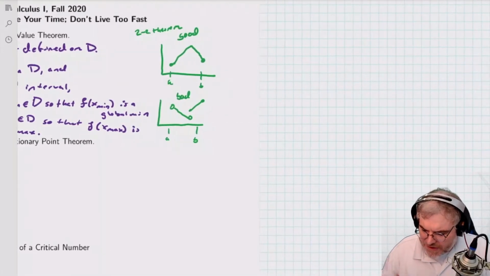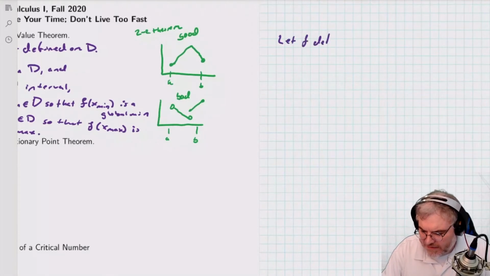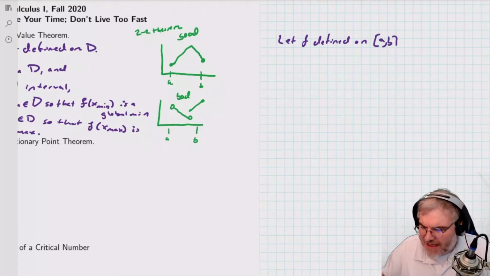I can also say let F be defined on A, B, and then I can combine the two conditions if I want to.